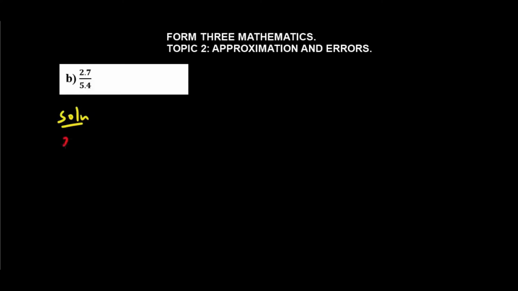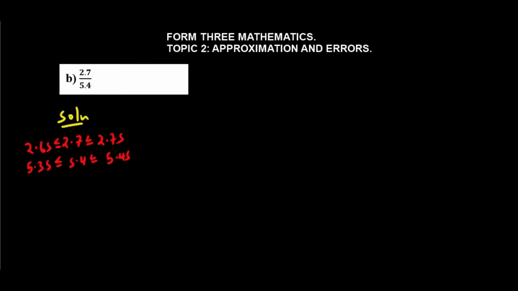So for 2.7, we realize it lies between 2.65 and 2.75, and again 5.4 lies between 5.35 and 5.45.